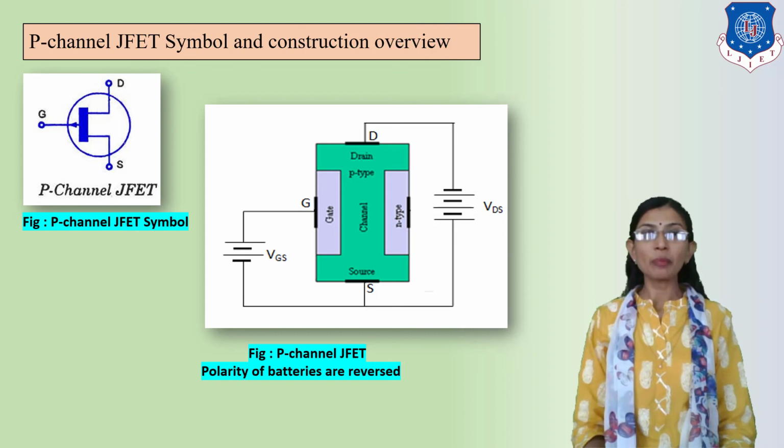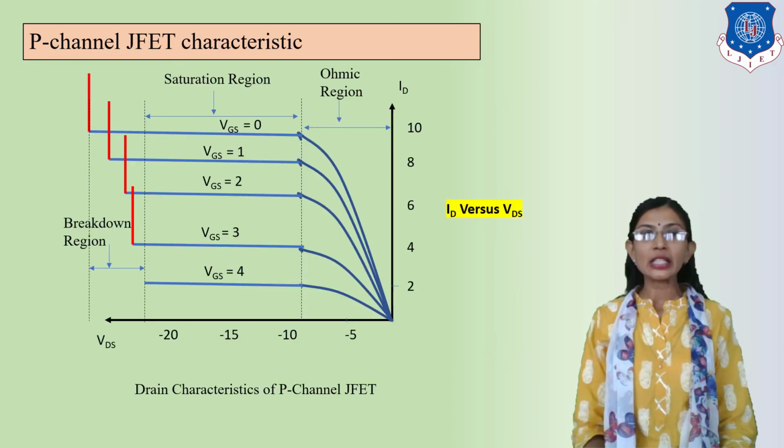Look at this. This is the symbol of P-channel JFET, in which the arrow is drawn on the gate terminal but outside of the circle. Thus, this is the P-channel JFET symbol and construction.